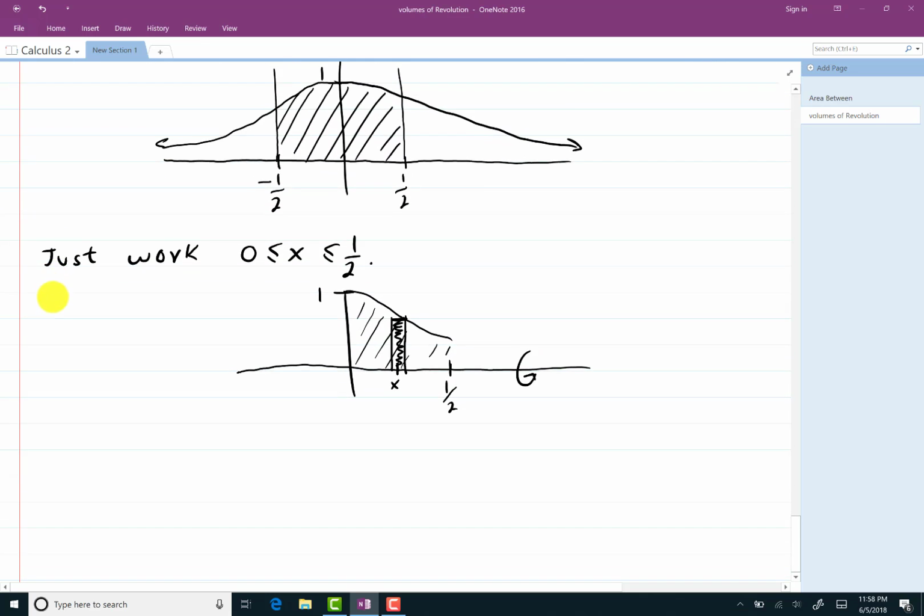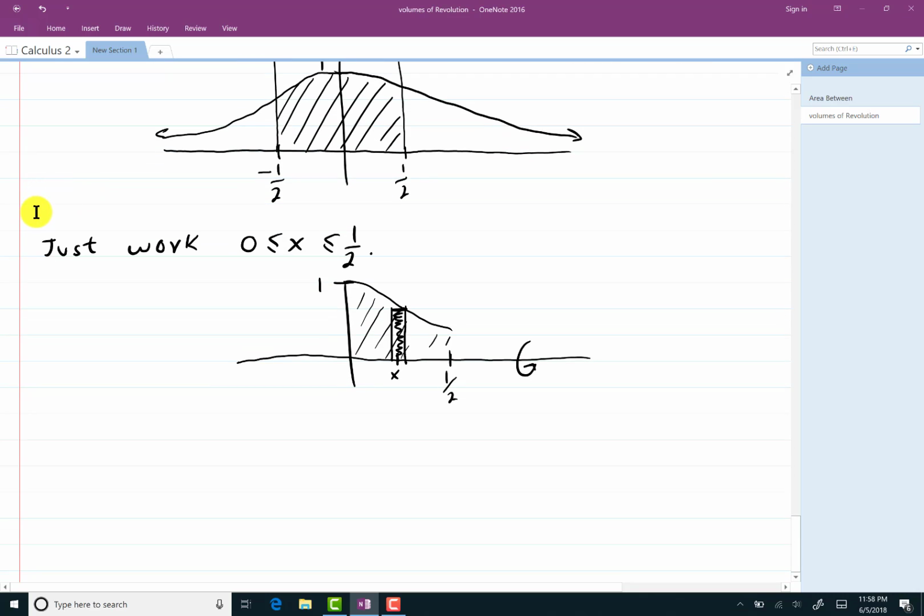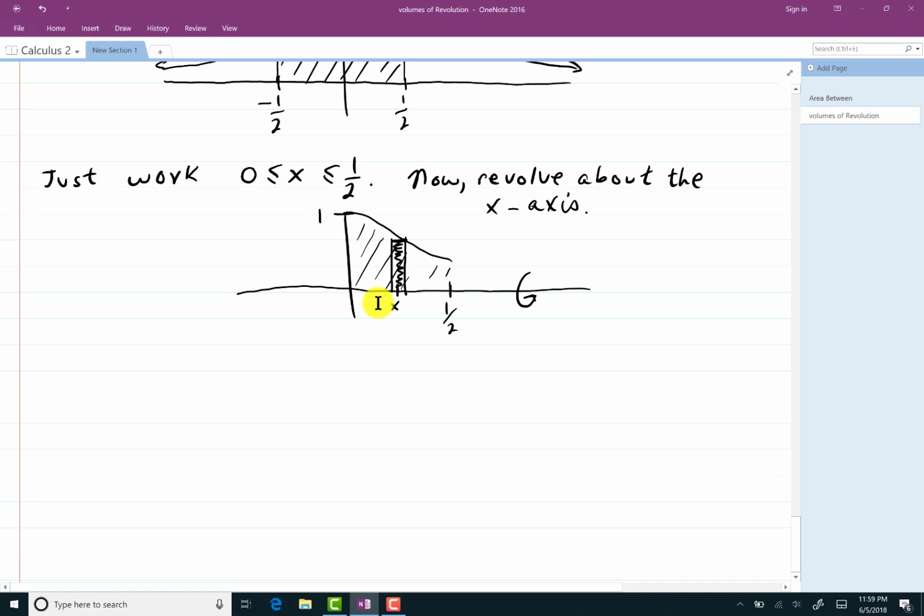So let me get the volume of the disk. Take this guy right here and revolve it, and you're going to get something that looks like this.